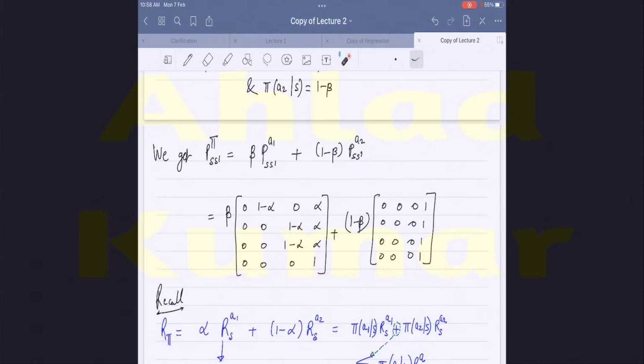So this expression is basically a parametric expression depending upon the value of beta. So we can see what kind of transition probability it has based on the different values of beta. We can simulate that in Google Colab, and we will check it also. That is, we can get different policies by varying beta. So beta can give us various policies, as well as alpha.